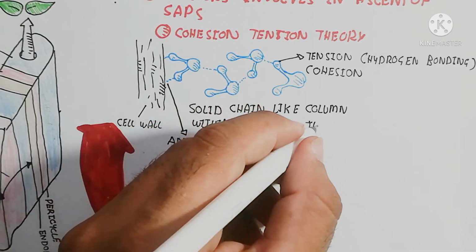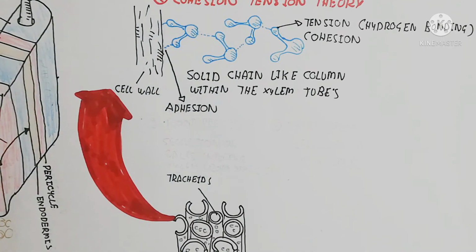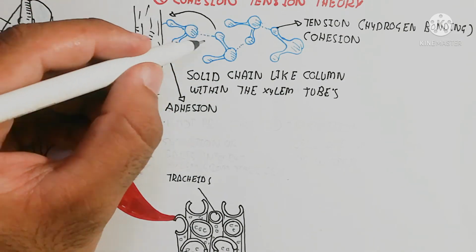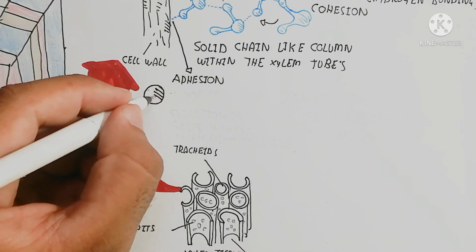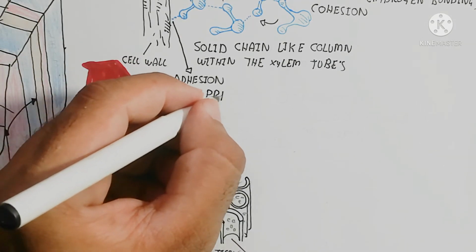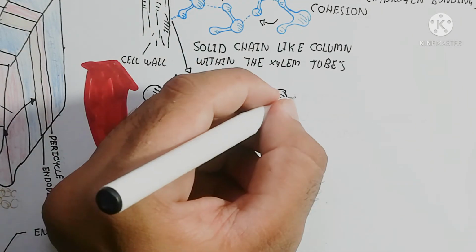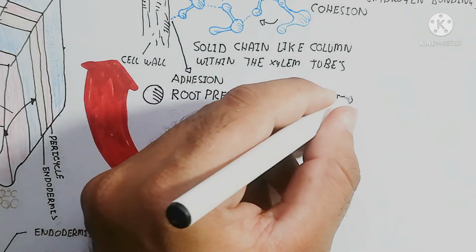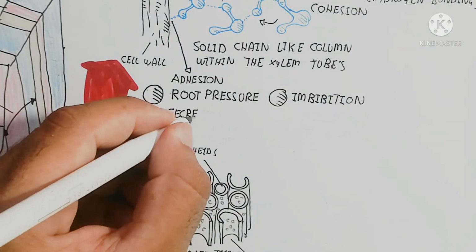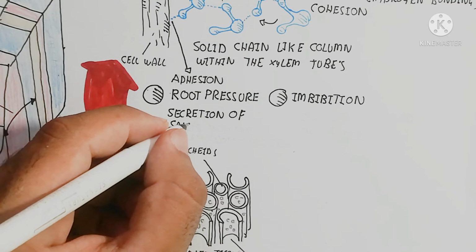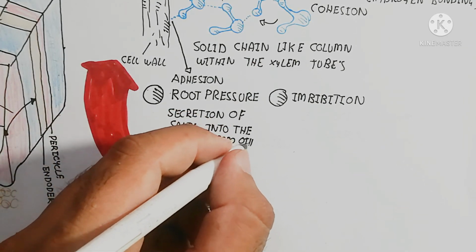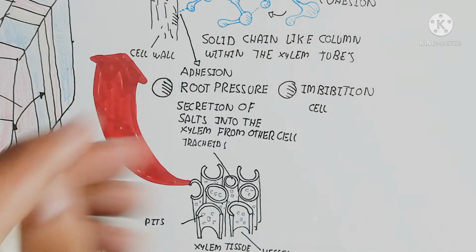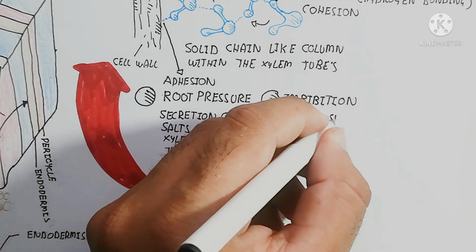That is the tension. Here the cohesion tension theory is applied: the tension is between the molecules through hydrogen bonding, and this is cohesion, while the attachment to the cell wall is known as adhesion. So this is the adhesive property of water due to the cell wall. The cell wall will absorb the water and move it by capillary action.